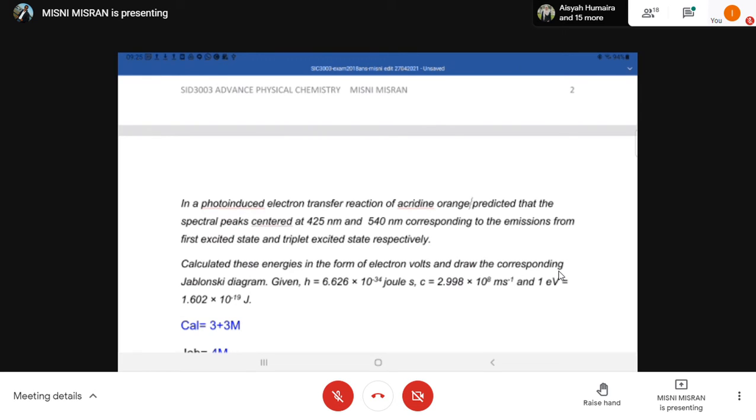The first excited state is fluorescent. The triplet excited state is phosphorescent. So you have two hints here, and you are given the emission energy.